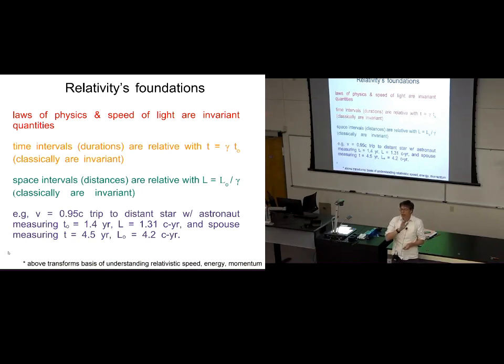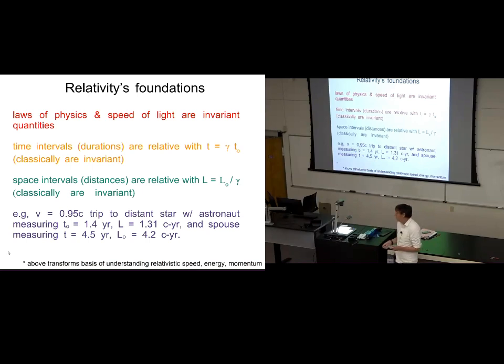Time dilation is the fact that the time interval between two events, the duration between two events, is dependent on your frame of reference. That's not true classically. It's the same in all frames of reference. And the fact that the time between two events depends on your reference frame is a very strange thing about relativity. So that's time dilation.